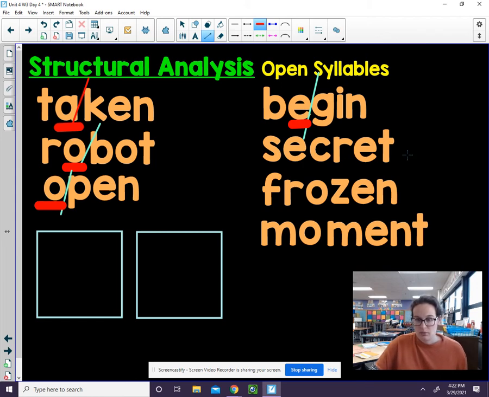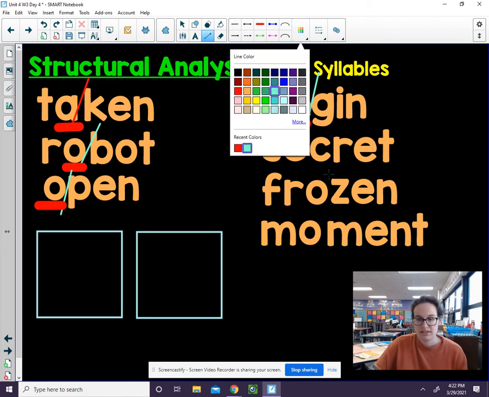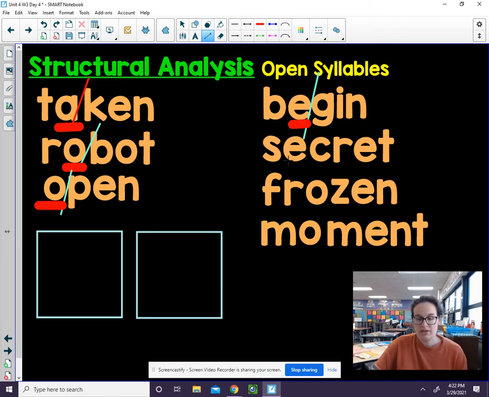For this next one, we are going to separate it before we say it. So let's take a look here. I notice that there's a vowel here and a vowel here. Usually these are kept separate. Let's go ahead and we're going to put the line right there. Notice this has the long vowel sound because the vowel is at the end of the syllable.